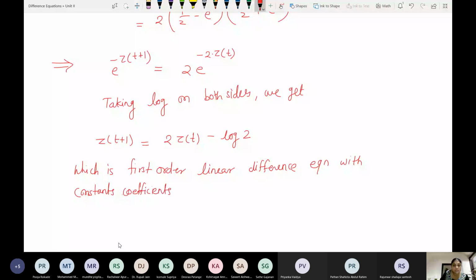Is that right? Z at t plus 1 minus 2 times z of t plus log of 2 is equal to 0. P of t is your 2 and r of t is your log of 2. Okay. So what is the solution?